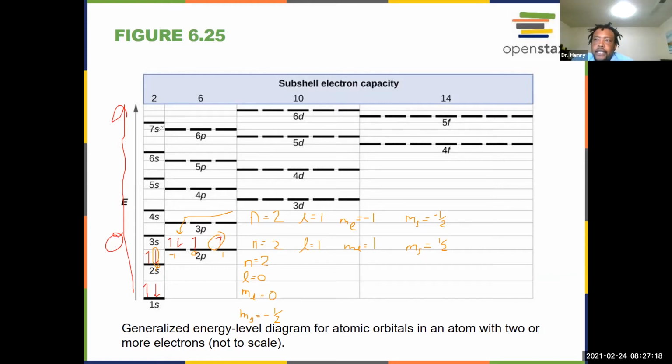The 4s is slightly lower than the 3d, so we fill that in first. Even though the 3d is in another shell, there is some overlap between that orbital and where the 4 would start, and the 4s just happens to be in a lower energy state.